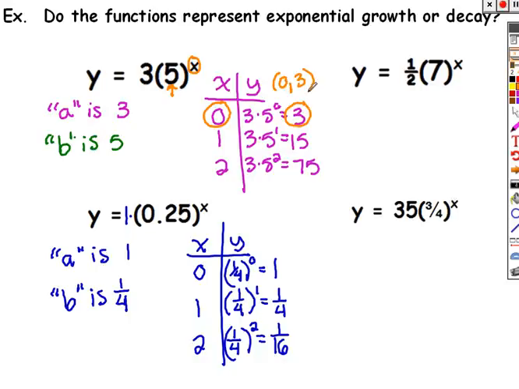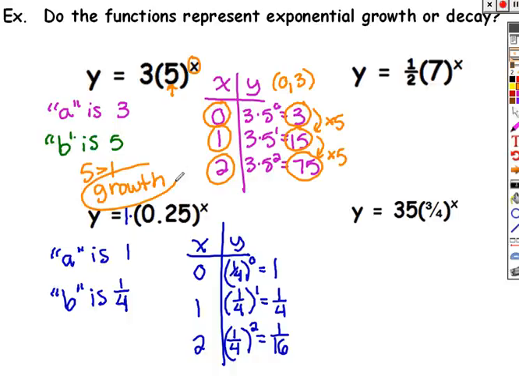So I'm starting at 3 if I plug in 0, and then if I just plug in numbers beyond 0, so if I plug in 1, I end up getting 15. If I plug in 2, I end up getting 75. What's happening here is I'm multiplying by that growth factor of 5 over and over and over and over again. So if I'm multiplying by 5, since 5 is greater than 1, this is actually going to be exponential growth.